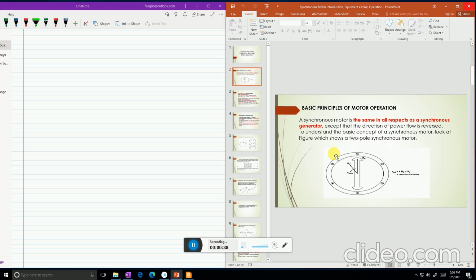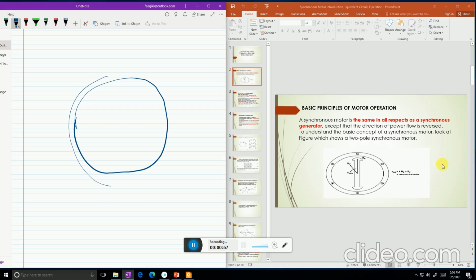To understand the basic concepts of a synchronous motor, look at the figure, which shows a two-pole synchronous motor. That's how a synchronous motor looks. I am going to draw it here. If this is its stator, then this is its rotor.